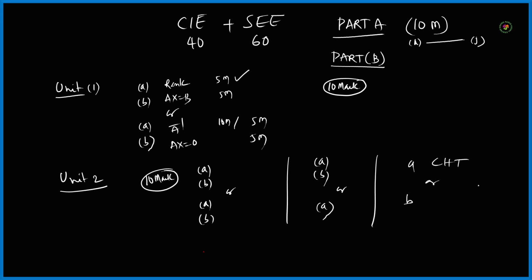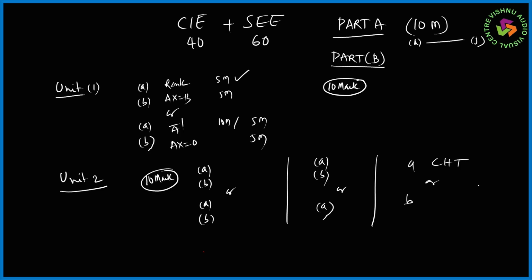We can easily get the marks by practicing the Cayley-Hamilton theorem. There are only 4 or 5 problems, where we compute the matrix polynomial value. Hardly 4 to 6 problems are repeatedly asked.